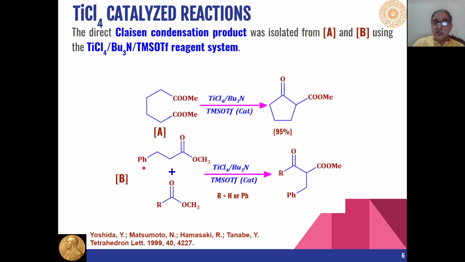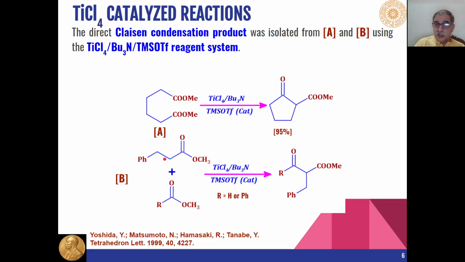Similarly, we can have open chain esters, where both the esters which can be used are different from each other. So in this type of ester, this may not have enolizable hydrogens present.